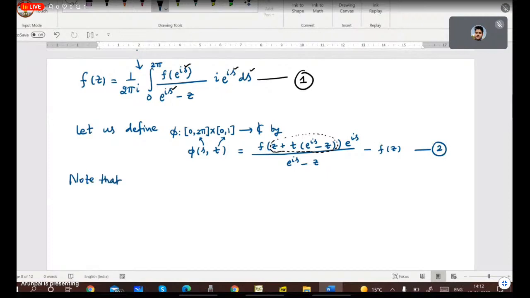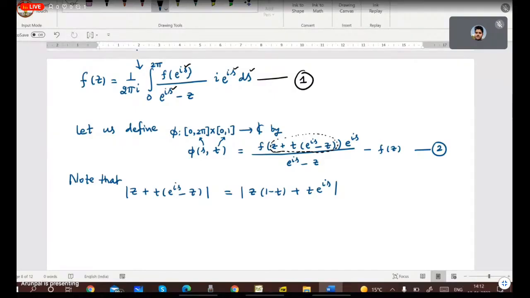So let me tell you, note that if you take its modulus, then class it will be z times 1 minus t plus t e^{is}. Just simple algebra. I hope you are getting what I have done.